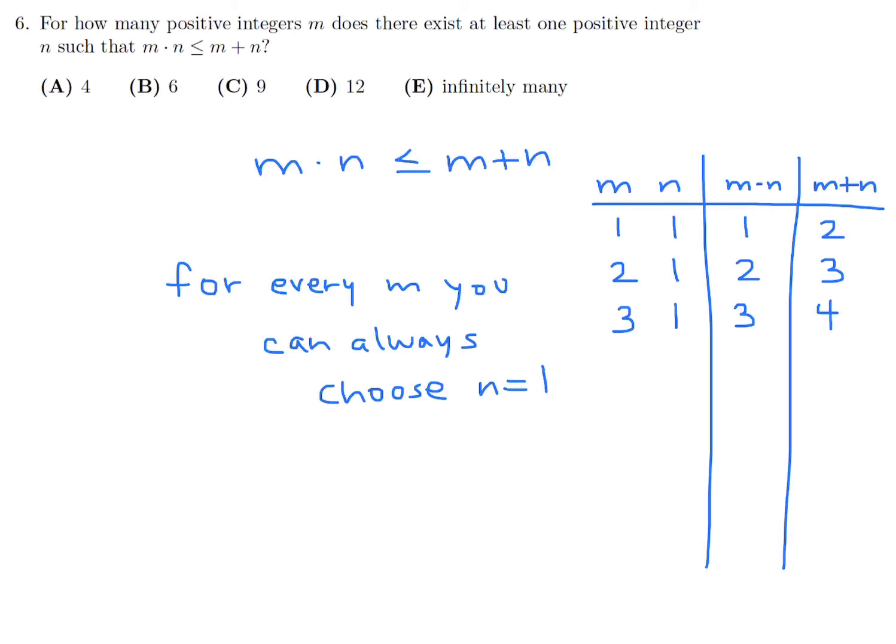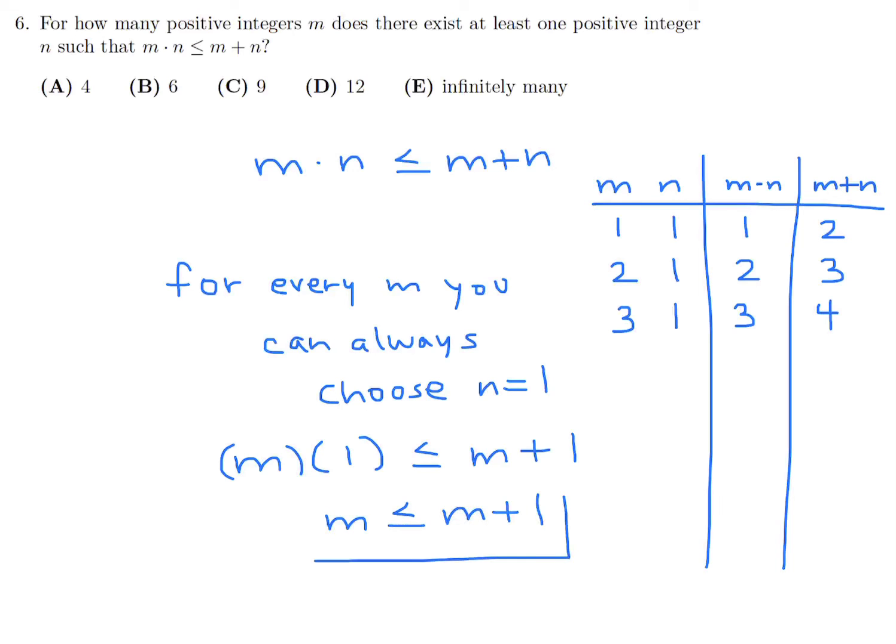So therefore, you would have m times n, which is m, which would be less than or equal to m plus 1. And this is always true because m is a positive integer. Correct? So basically for any m, if you choose n equal to 1, this will always be true. So there's infinitely many m's, and therefore the answer is E.